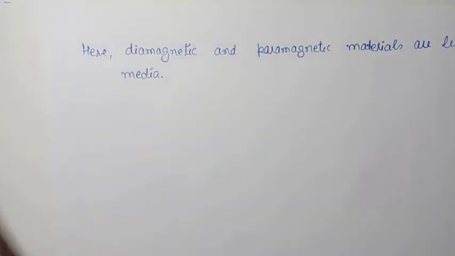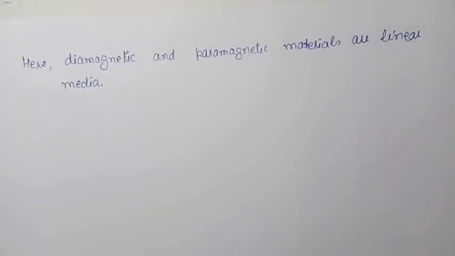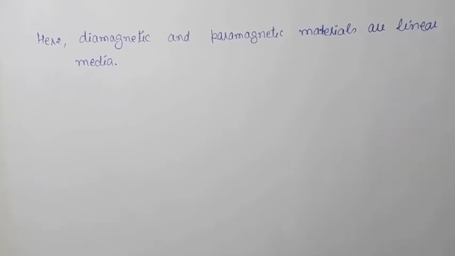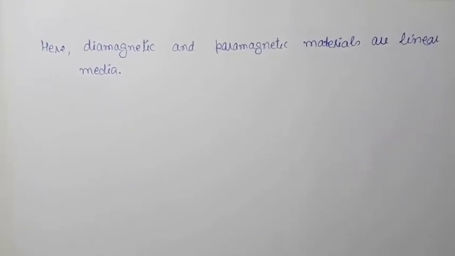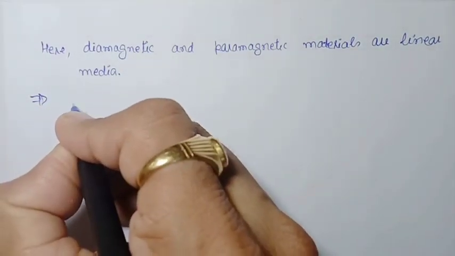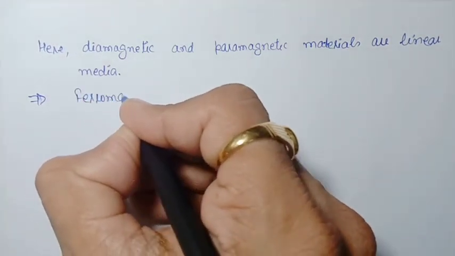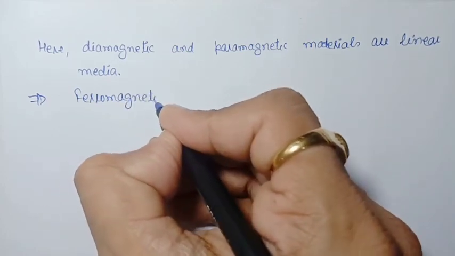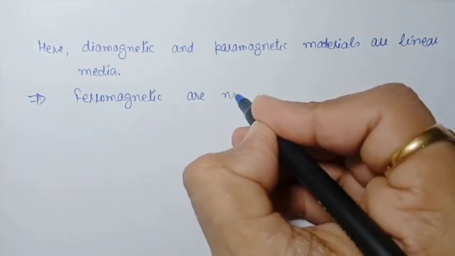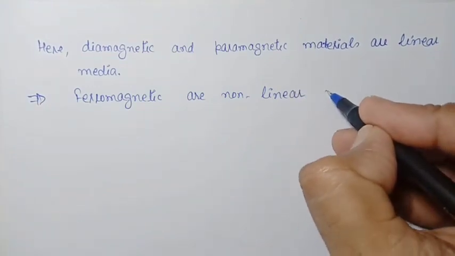All the diamagnetic and paramagnetic materials are linear media. Ferromagnetic materials are non-linear materials.